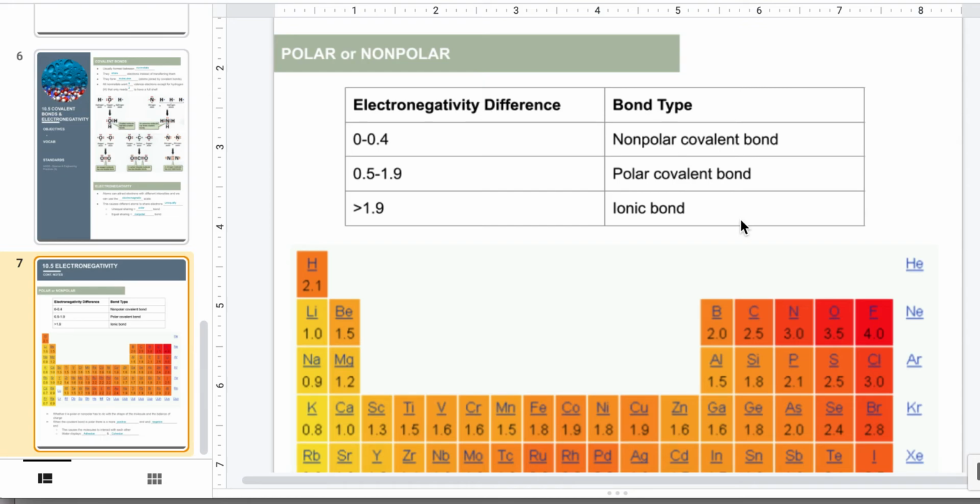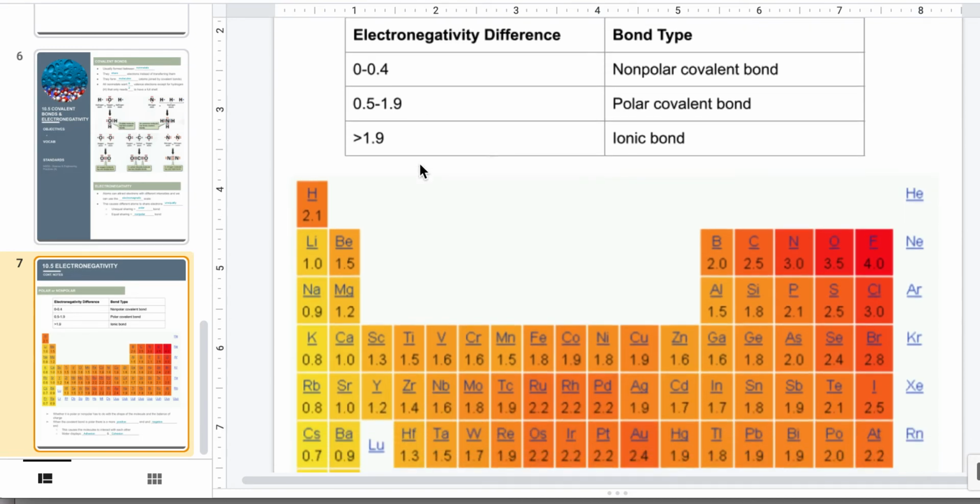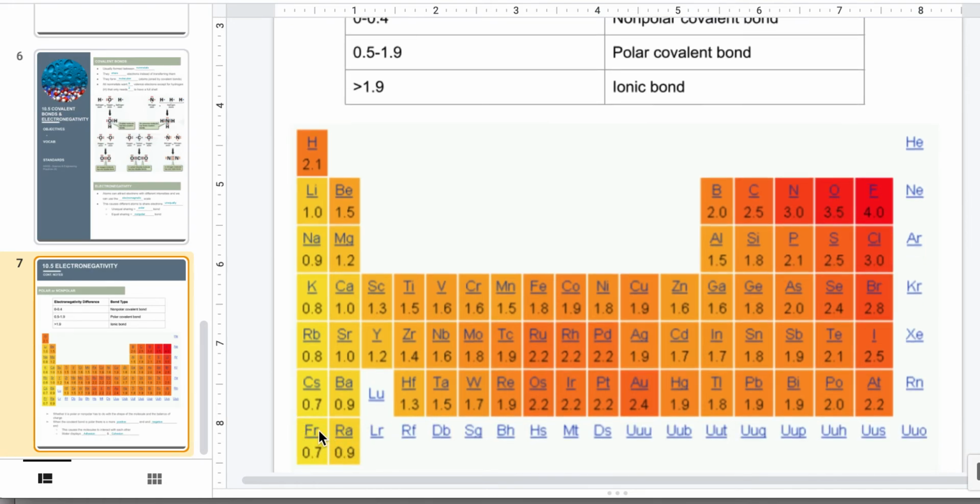Also, at the bottom of that cheat sheet, there is this and this available to you, okay? So all these numbers are the strength of the electronegativity of the atom, okay? You'll notice that fluorine is the strongest at holding on to electrons, whereas francium is the weakest at 0.7.